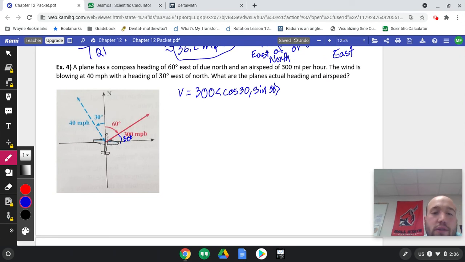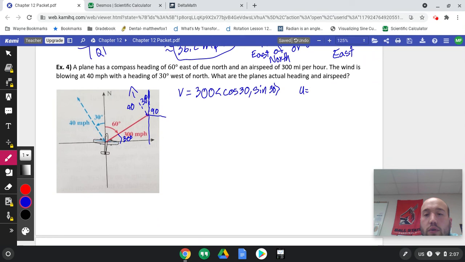If north was still right here, then it's 30 degrees from that. So this will be our 30 degrees. So compared to normal, that'd be 90 plus 30, leaving us with 120. Okay, so it's 40 miles per hour in a direction compared to normal of 120.